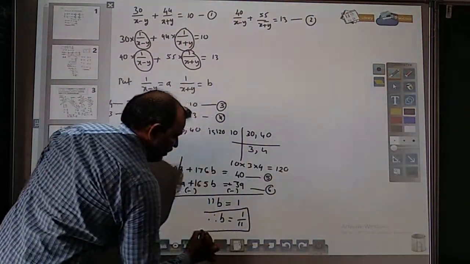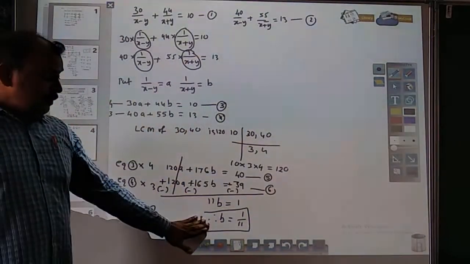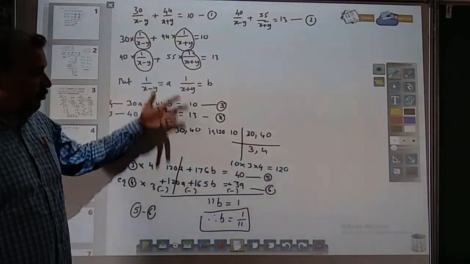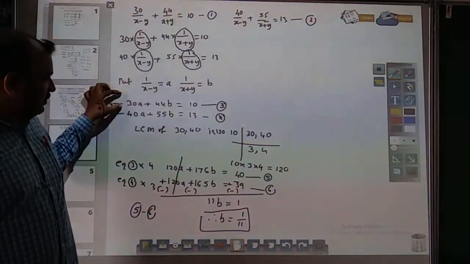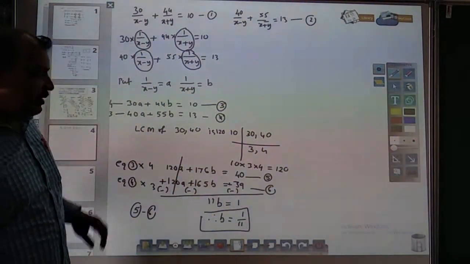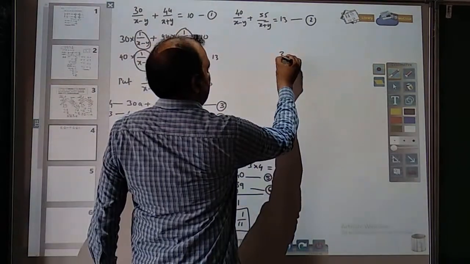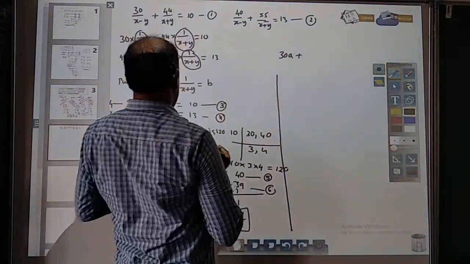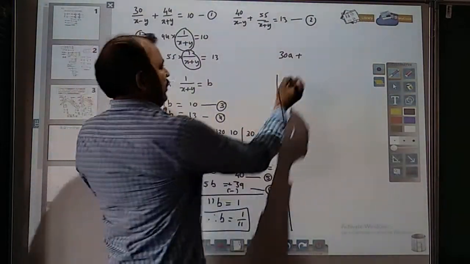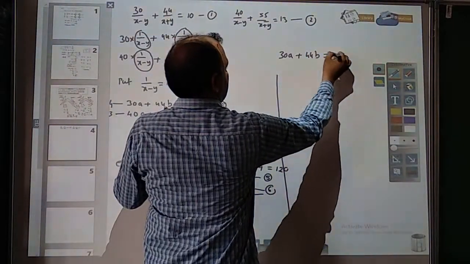We got B value. So this B value we substitute in any one of the above 4 equations. Now I am taking a simple equation, the third equation. That is 30A plus 44B is equal to 10.